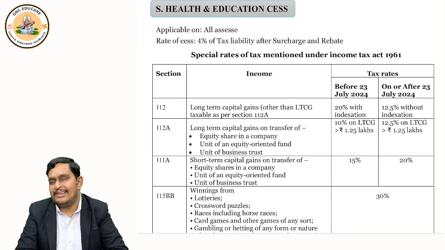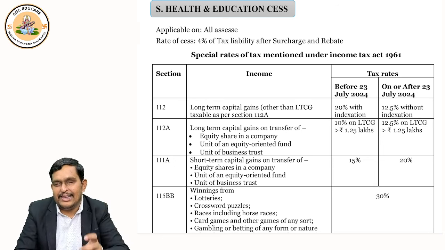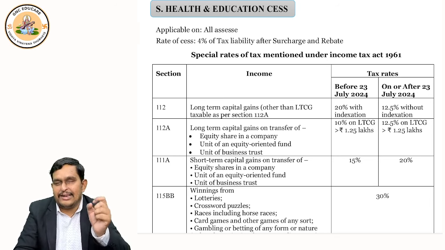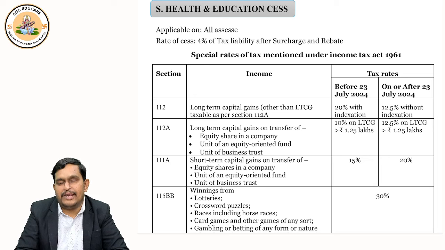More stories in capital gain chapter. If it is 112A stock market long-term capital gain, earlier it was 10% with 1 lakh exemption. Now it is 12.5% with 1,25,000 exemption. Now, if it is short-term capital gain under 111A, then earlier it was 15%. Now it is 20% tax.